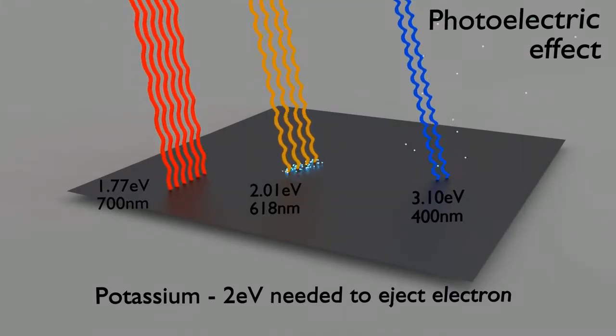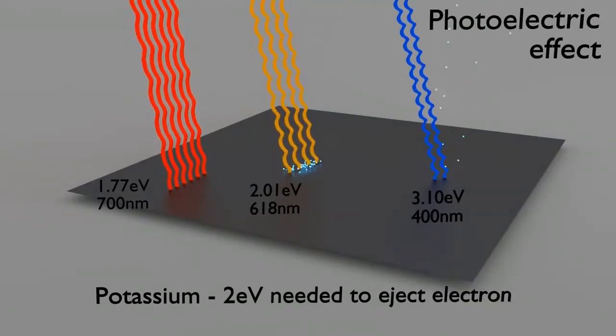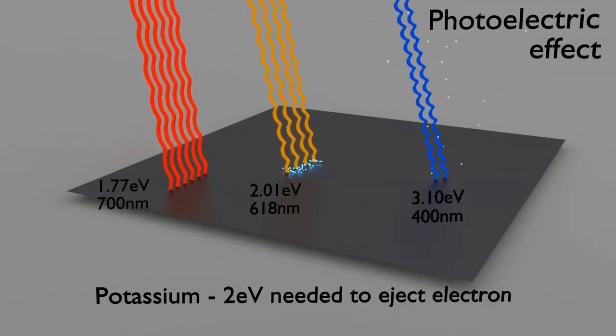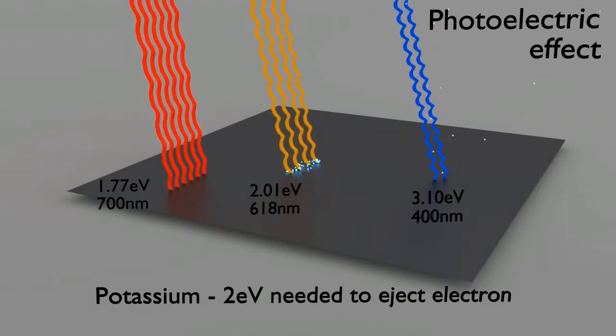Now, in the first case, the energy of the incident light is less than the work function. The incident light has energy 1.77 electron volt, but the work function is 2 electron volt. In the second case, it is just greater than the work function of potassium.